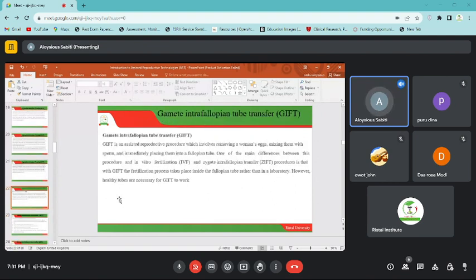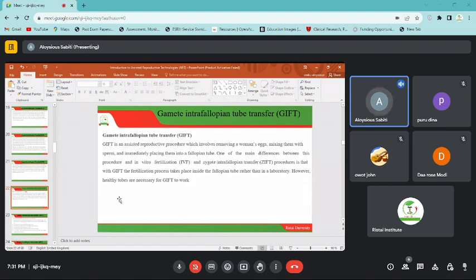So the second type we want to look at is what we call the gamete intrafallopian tube transfer. The gamete intrafallopian tube transfer is an assisted reproductive procedure which involves removing a woman's eggs, mixing them with the sperm, and immediately placing them into the fallopian tube.